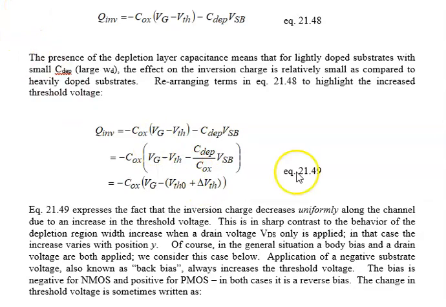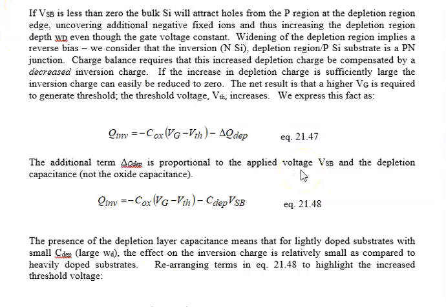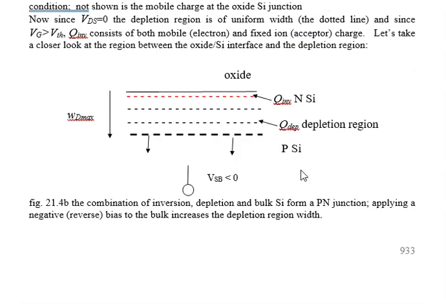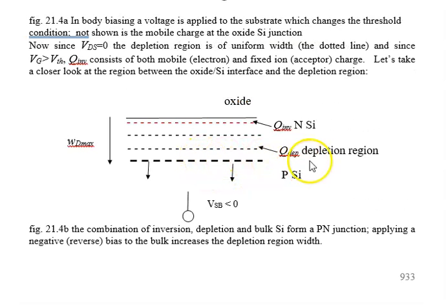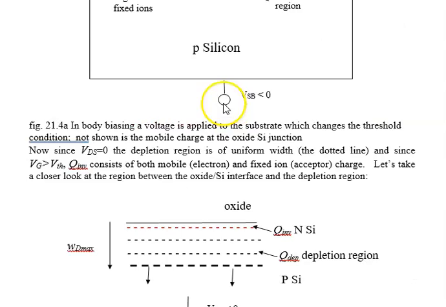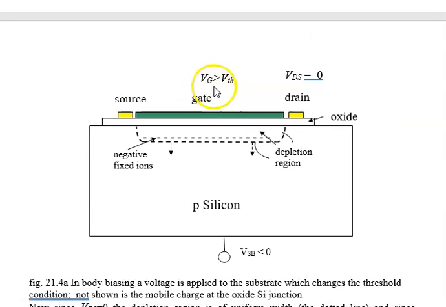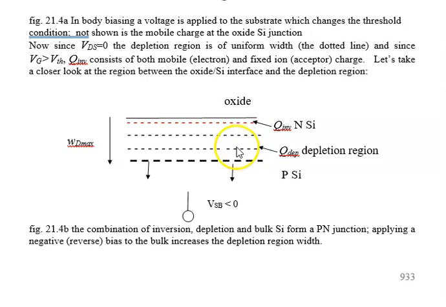Okay. And one of the rationales we can see this purely qualitatively is if we make the depletion region wider, we add depletion charge here, we've got to reduce Q inversion. I haven't changed the gate voltage. So if the gate voltage stays the same and I increase Q depletion, I must decrease Q inversion.